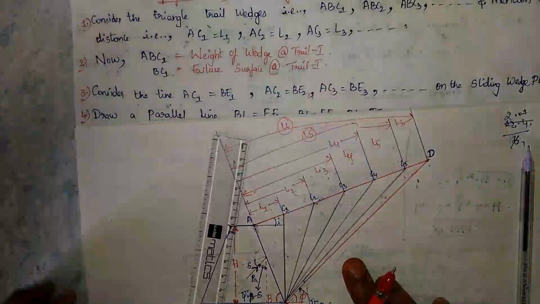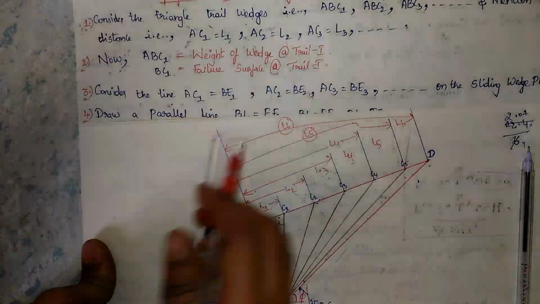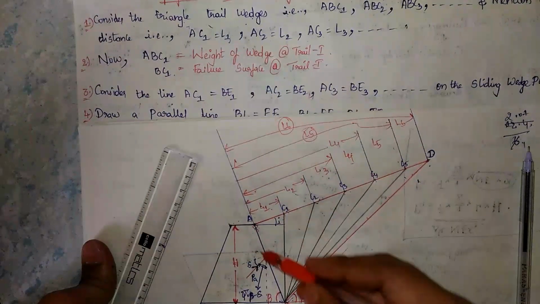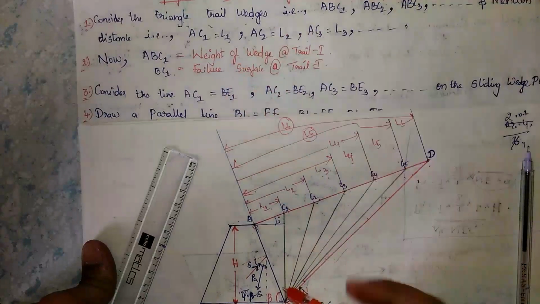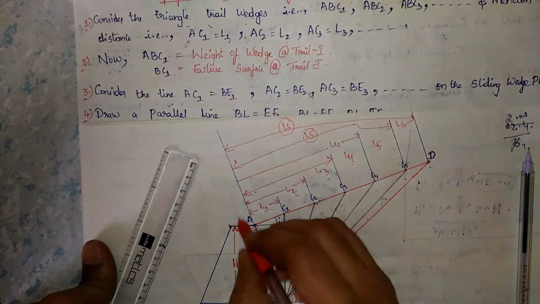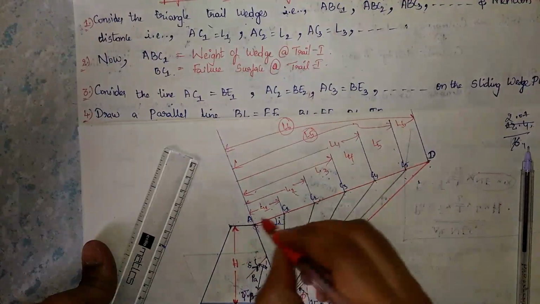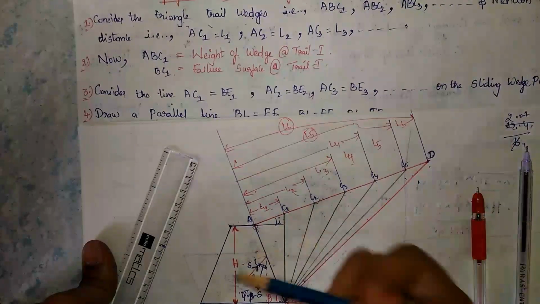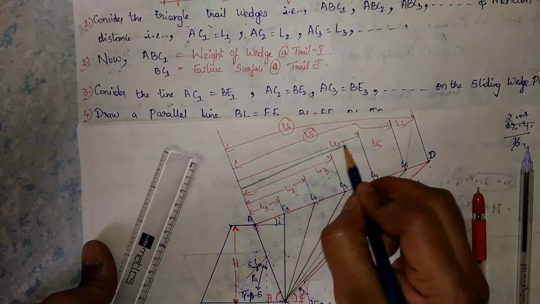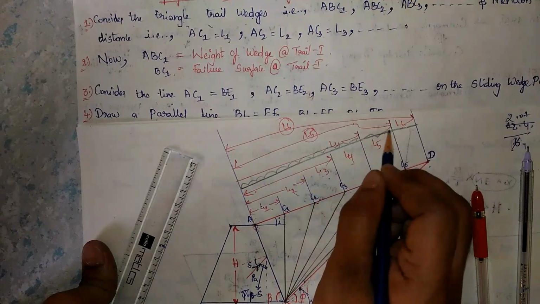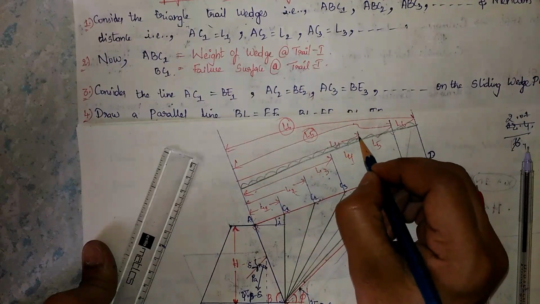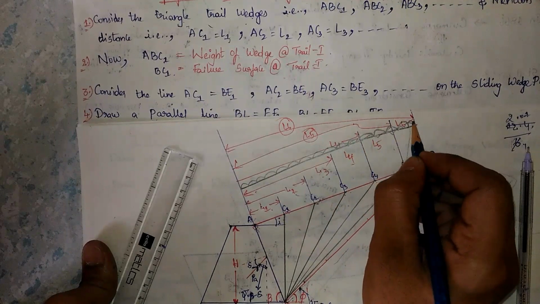Now the second point. In the second point, he has assumed ABC1 as the weight of the wedge. Here a line load is applied, for example, on this sliding wedge.